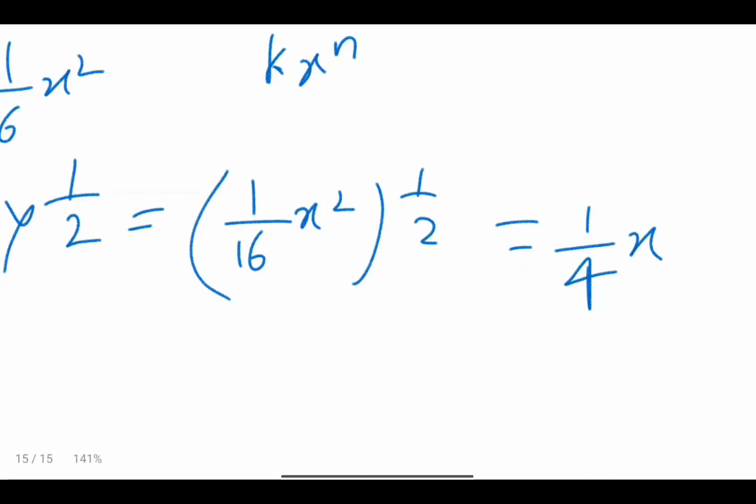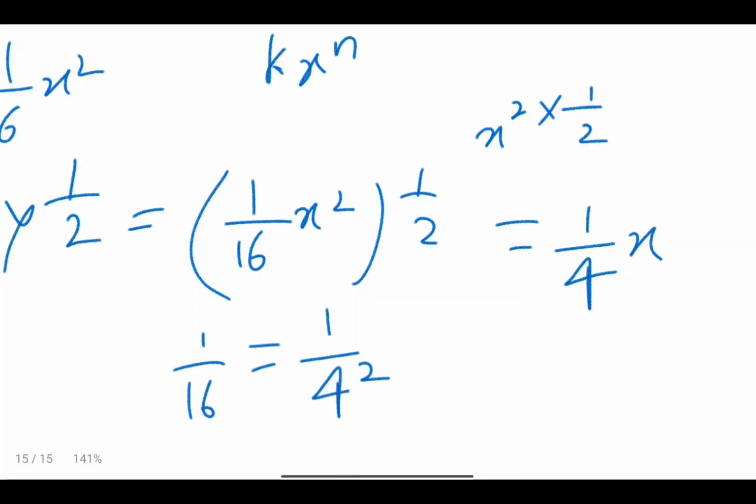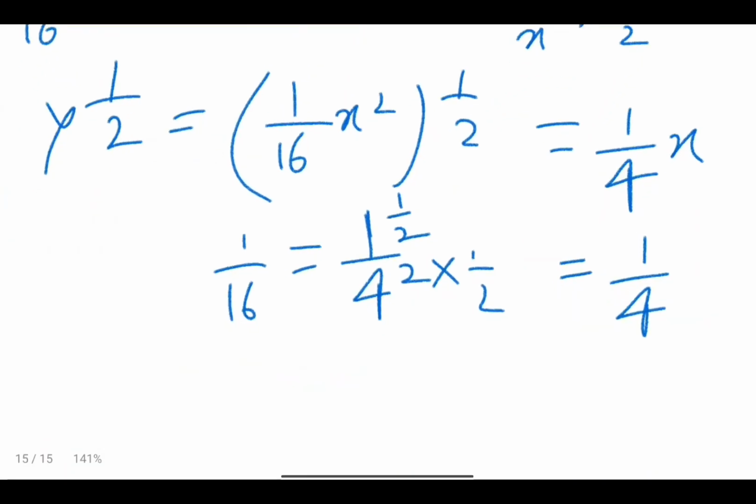Why? Because x to the power half, 2 into half is 1, and 1 by 16 is the same as 1 by 4 whole square, and then the power half works on it. The power half also works on 1, but 1 to the power anything is 1, thus only 1 by 4 remains. You give a try to this one, my dear student.